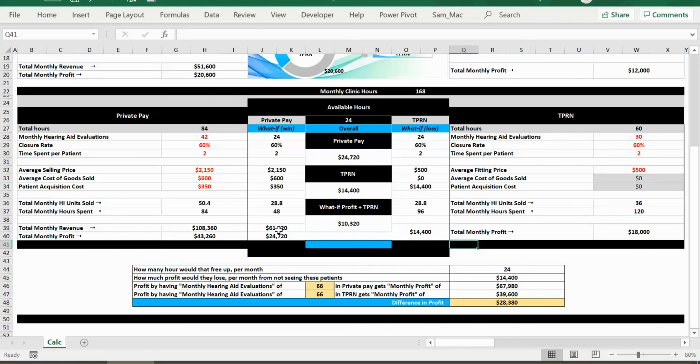In here, if you are spending on 24 monthly additional evaluations at the rate of 2 hours per patient, that's your profit, and this is your profit when we are addressing that on a TPR.